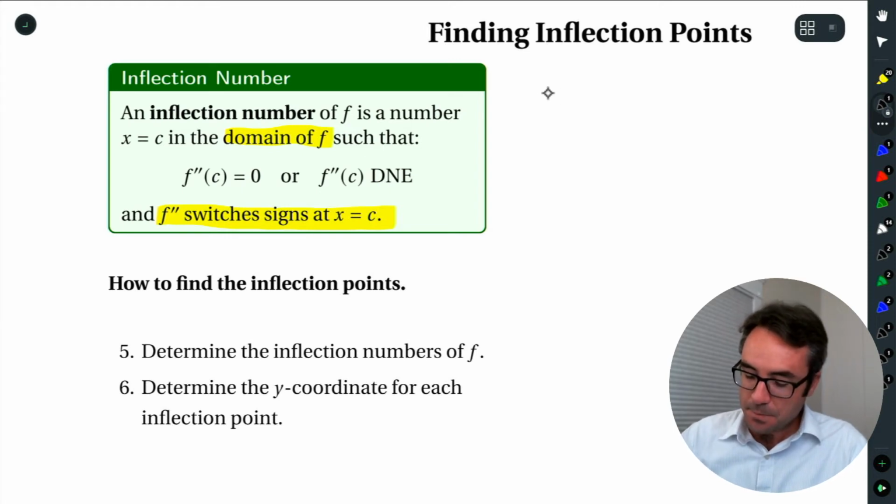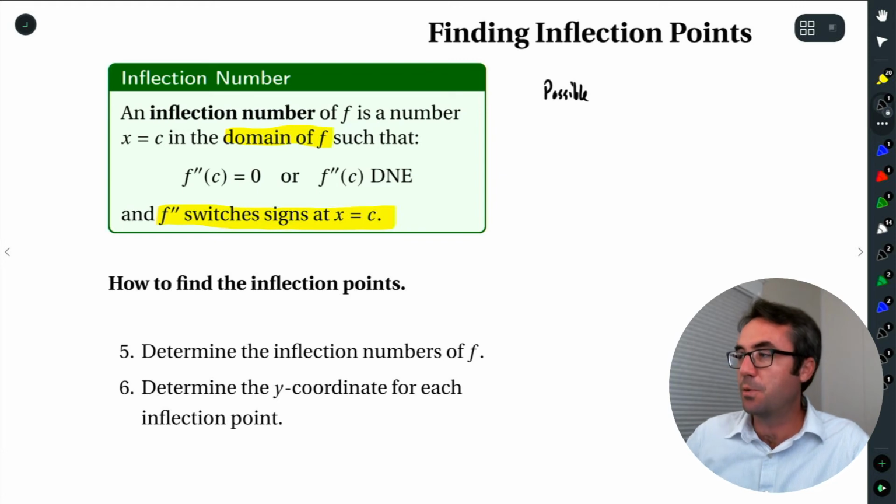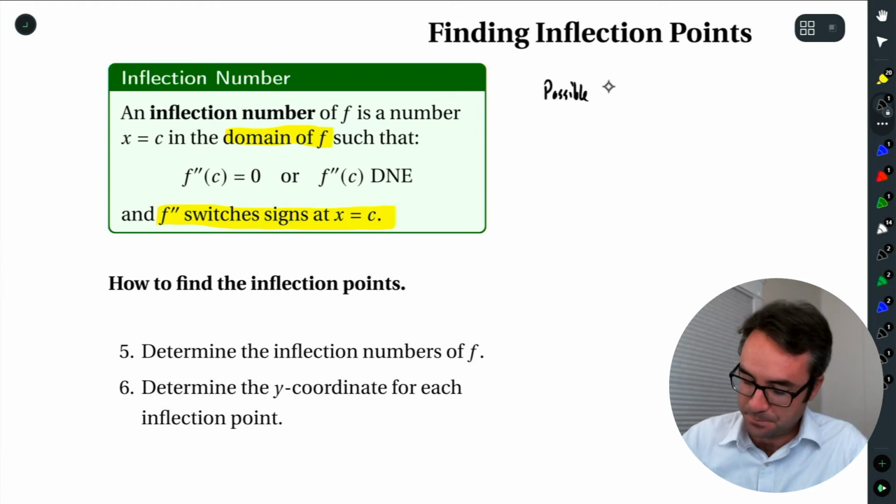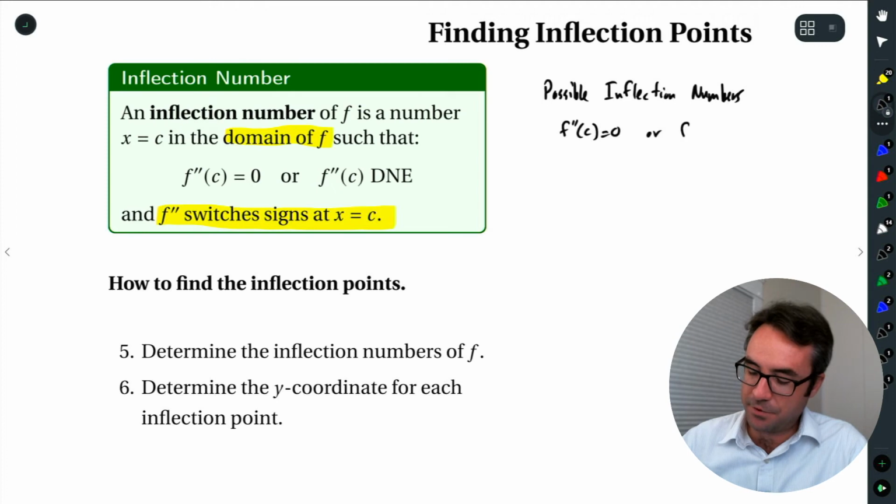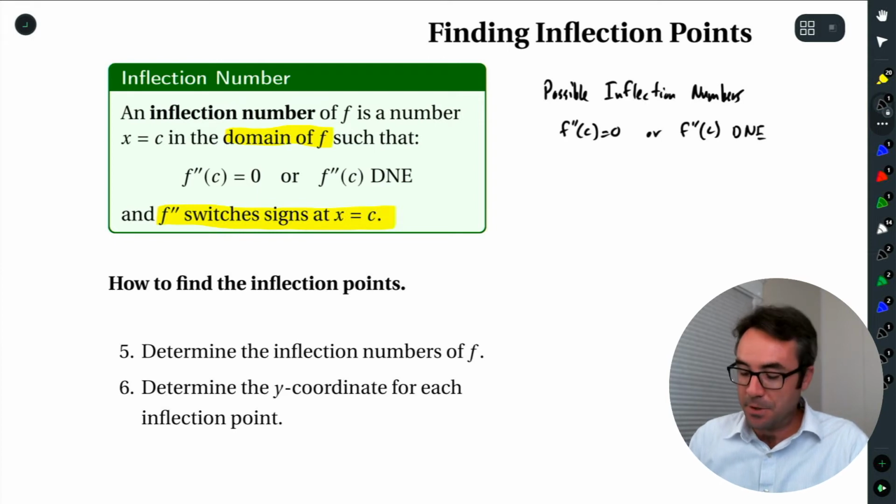So our possible inflection numbers, what were they? The only requirement there was that either f double prime was equal to 0 or f double prime did not exist at c. So for an inflection number, these requirements are still going to hold, but there's a little bit more we need to check.